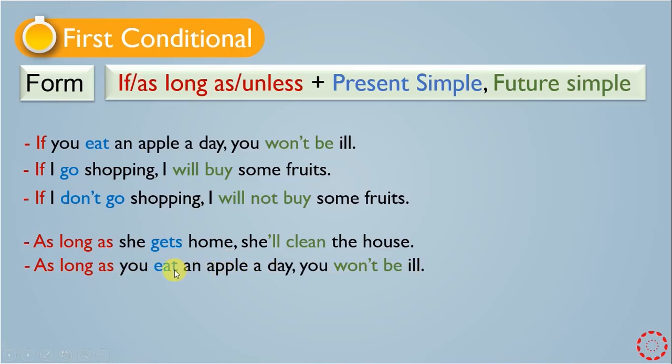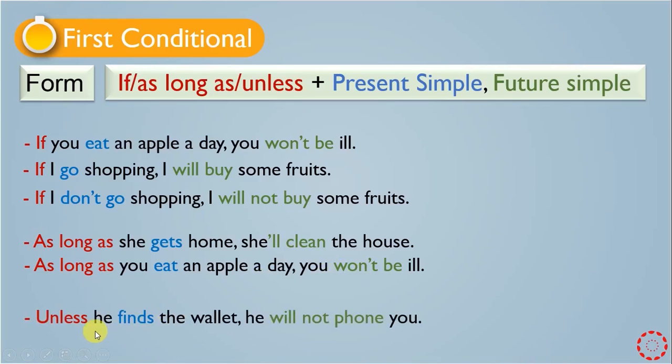In this case, we have the positive sentence, present simple, and the negative one, which is future simple, in a negative form, will not be. So it means with as long as we may have the positive form for both tenses, present simple and future simple, and in the second one you can negate the future simple.